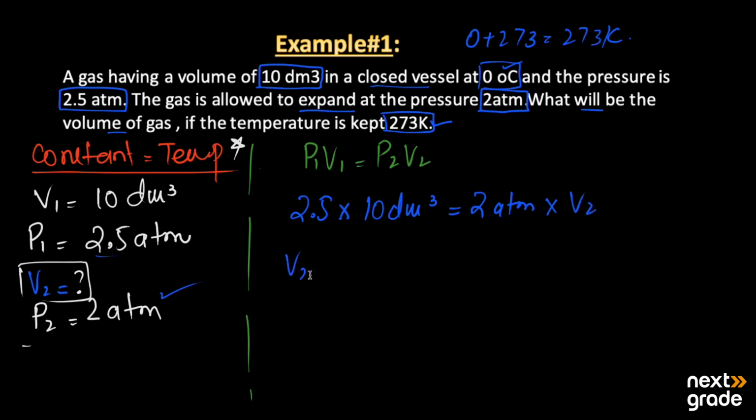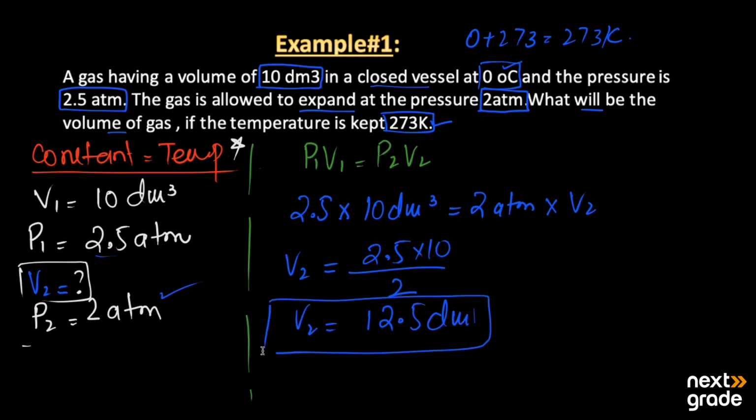By rearranging this equation, we get 2.5 multiplied by 10 divided by 2, and the answer is 12.5 dm cube. So the volume V2 is 12.5 dm cube.